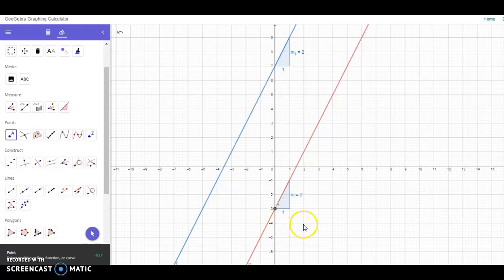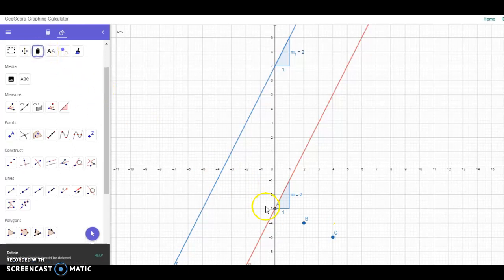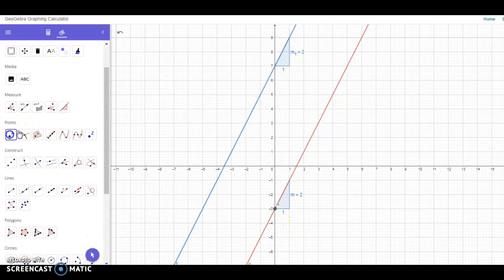So normally, if we were going to use a slope of -1/2 starting at this y-intercept, we would go down 1 and over 2, and then we do it again, down 1 and over 2, and of course we could do that forever. Problem is, I'm moving away from the other line instead of moving towards it. So I'm going to go ahead and go the other direction instead. Instead of going down and right, I'm going to go up and left, which of course is the same slope of -1/2.